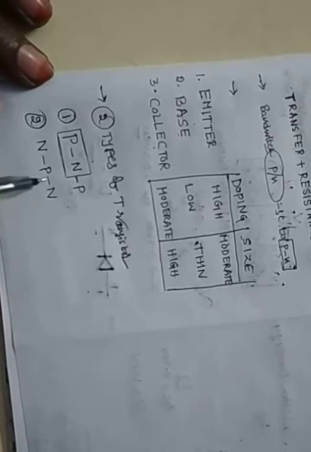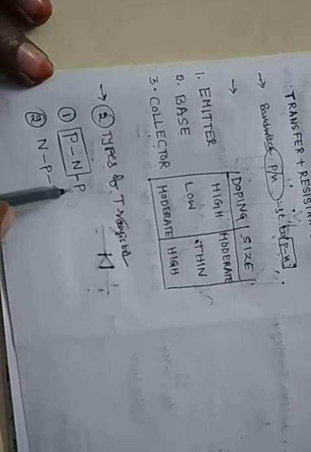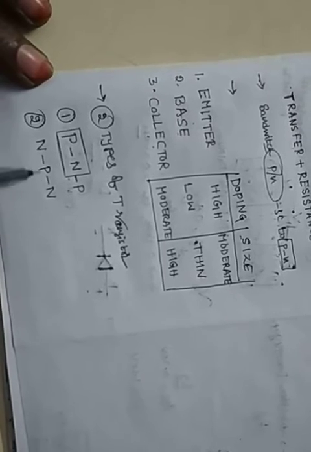See here, this is a PN junction diode. In one case a p-type semiconductor is sandwiched to the PN junction diode, and in the other case an n-type semiconductor is sandwiched to the PN junction diode.